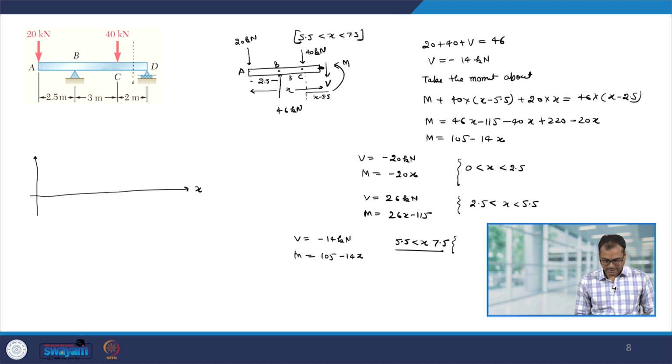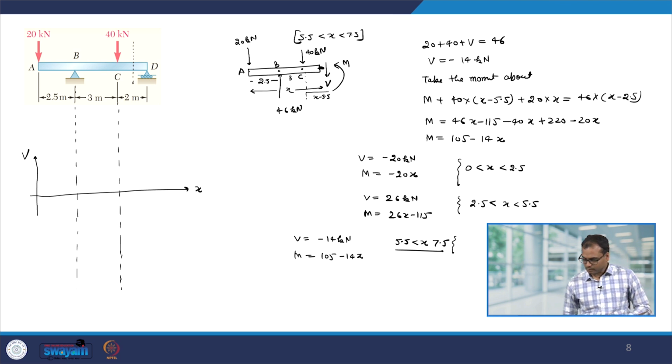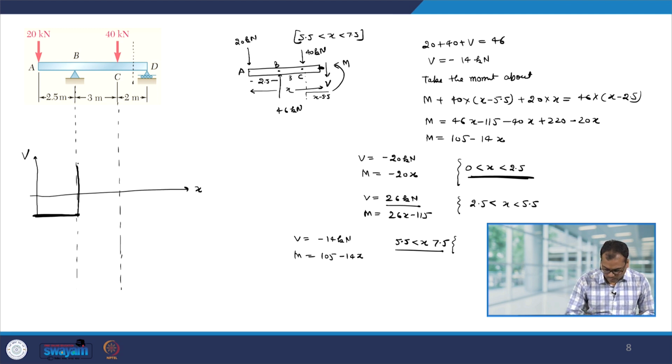So, let us say this is x axis and we are plotting V. So, first we have V equal to minus 20 kilonewton, and then it is 26 kilonewton, and then its value is minus 14 kilonewton.